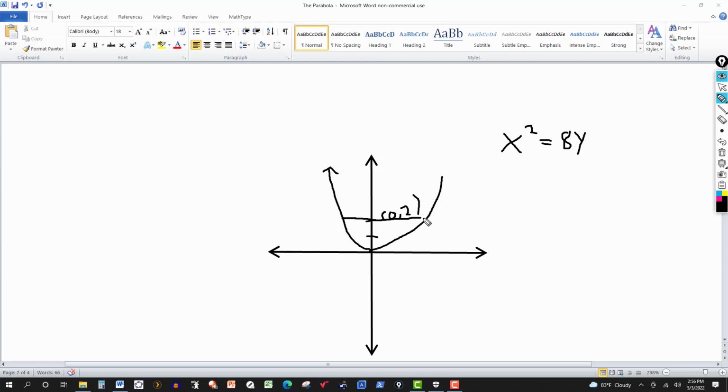It goes here. So it wants this point here and this point here. So over here, this is x squared then. You can see the y value here is going to be 2, so we replace the y by 2, we get 16. So x is equal to plus or minus 4.